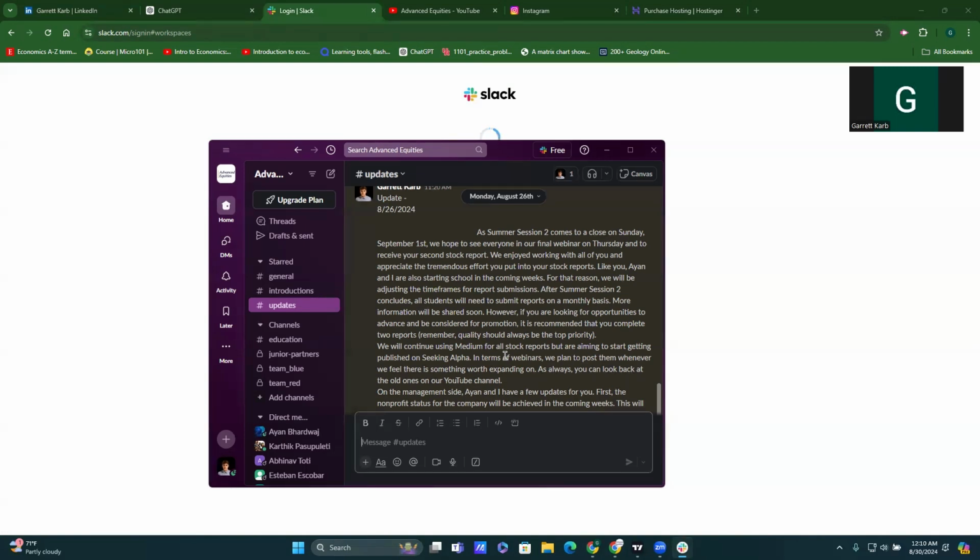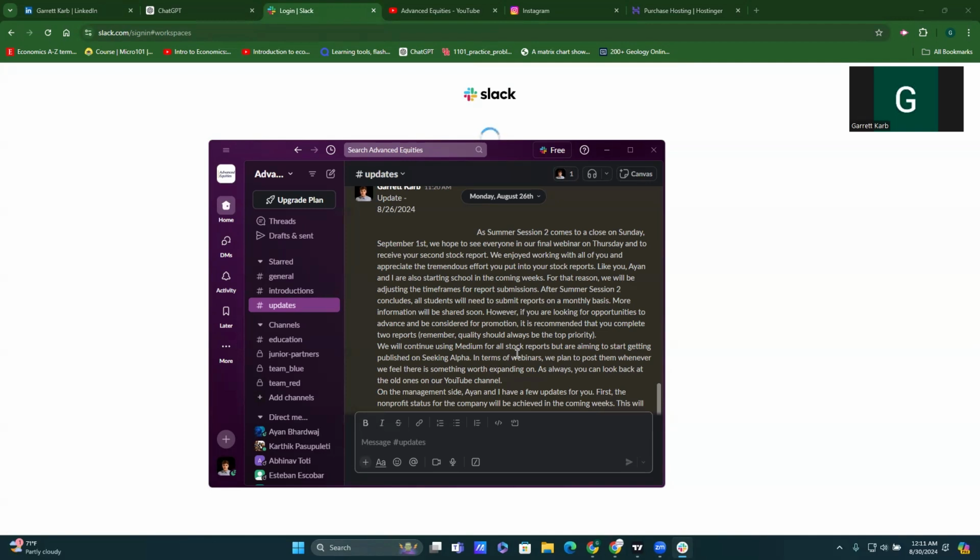Now, in terms of the actual report, we're asking for medium reports again. So medium we were using, right? I know a lot of you guys are signed up with our advanced equities publication, but if you're not, please contact me so I can get you added to that. We'll be using medium primarily, and then also Seeking Alpha.